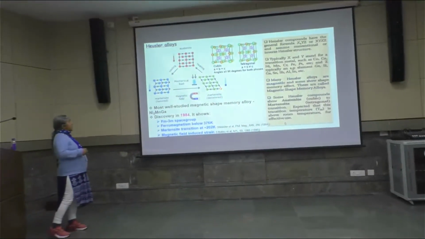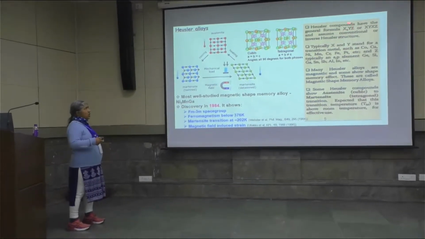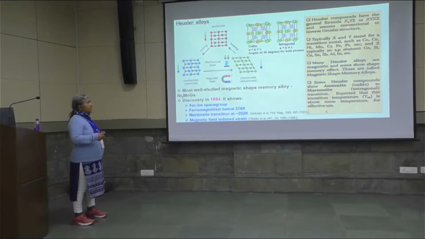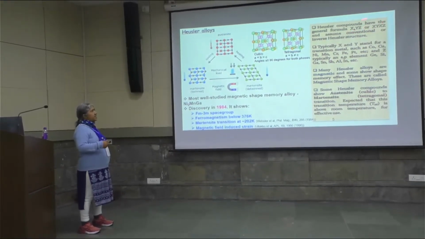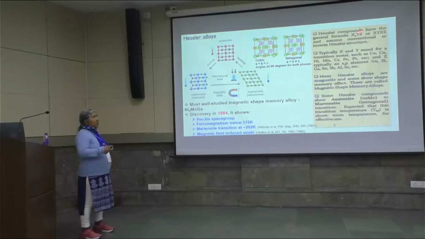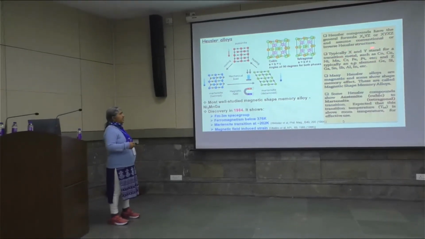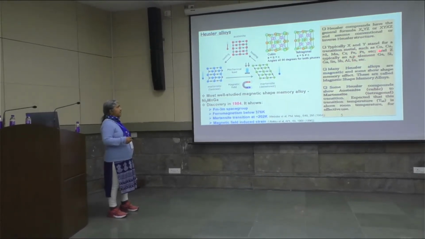So, Heusler alloys, just in brief. These Heusler alloys are of two types, full Heusler alloy and half Heusler alloy. Full Heusler alloys are of the formula X2YZ or XYXZ, the first called the conventional structure and the second the inverse structure. Typically X and Y stand for transition metals, and Z elements are the sp elements.